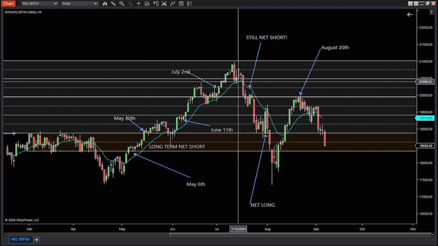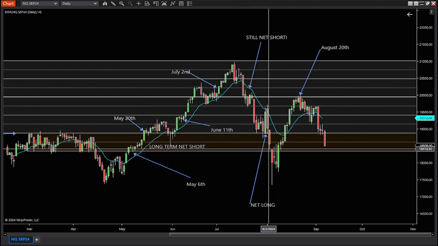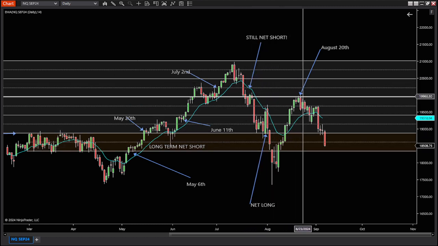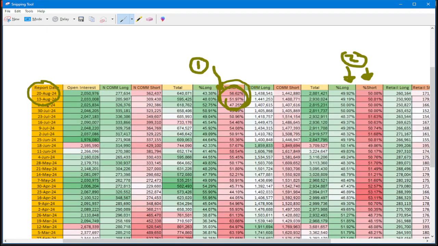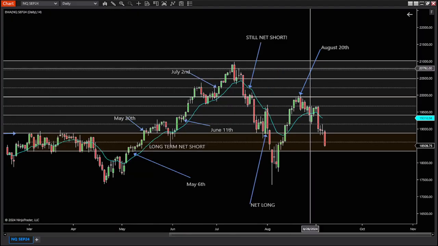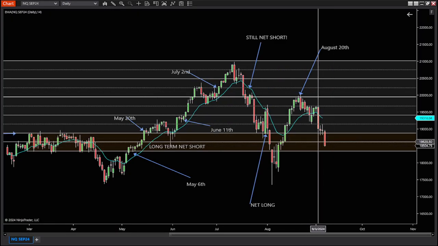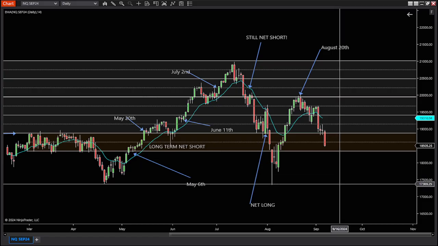And then they cover their shorts back into cost basis. If price moves back up to their levels, they're going to add shorts. Correlate that to the report. Does the report lie? No, the report doesn't lie. It's numbers, right? No emotions involved. They added more shorts. And where are they going to cover their shorts? Inside cost basis or below.